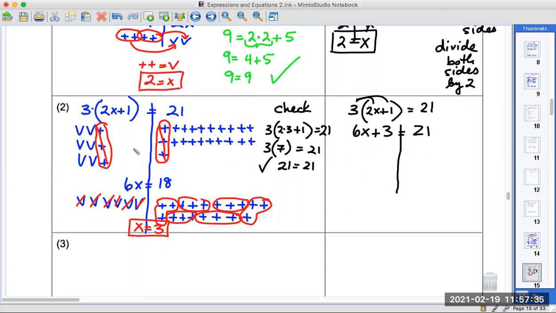Then I'm going to, what did we do? Oh, look, we got rid of 3. We took them out, right? That means I'm going to subtract them on both sides. This goes away, 6x. 21 take away 3 was 18. And then you simply divide by that number. That gives you the groups. X is 3.